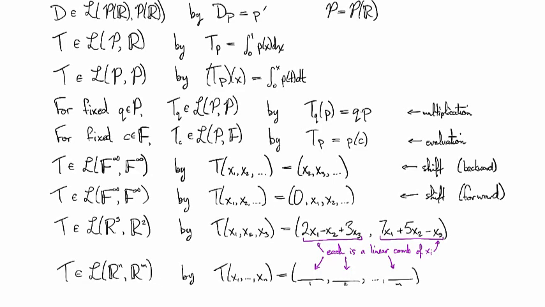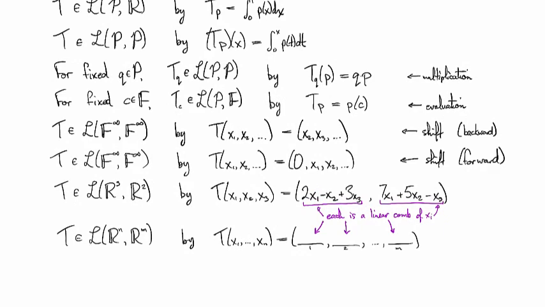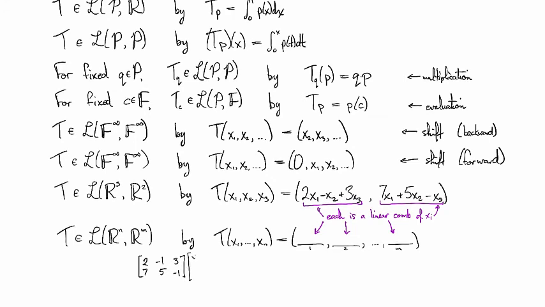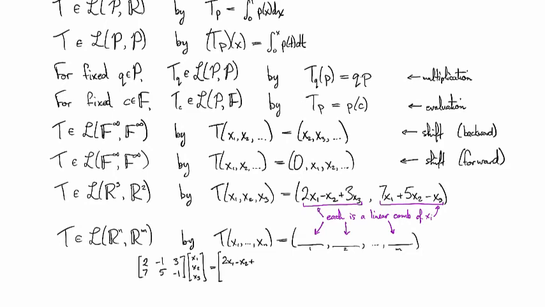And we'll see later on that this is actually going to be given by matrix multiplication. So for the example I wrote just above, if we had 2, minus 1, 3, and 7, 5, minus 1, and we multiplied that against x1, x2, x3, then the output would be exactly the things that I wrote: 2x1 minus x2 plus 3x3, 7x1 plus 5x2 minus x3, right?